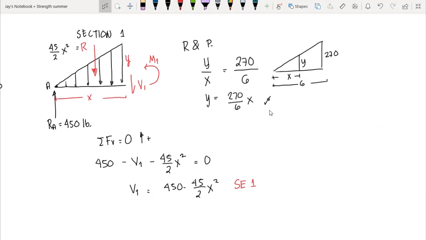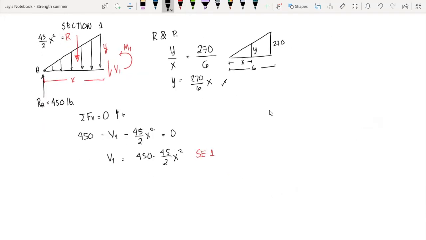Now let's create a moment equation. We just need to sum up moment at section 1, equal to 0, counterclockwise positive. Then we have negative 450 times the moment arm from section 1, which is x, plus the resultant that is rotating counterclockwise, so positive, the resultant of the triangular load, 45 over 2 x squared, times the moment arm.